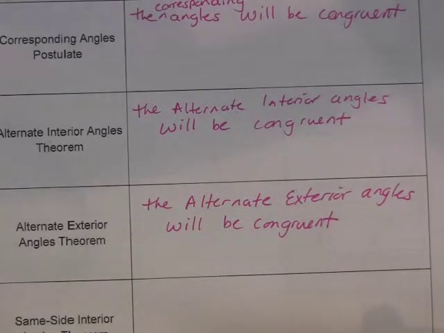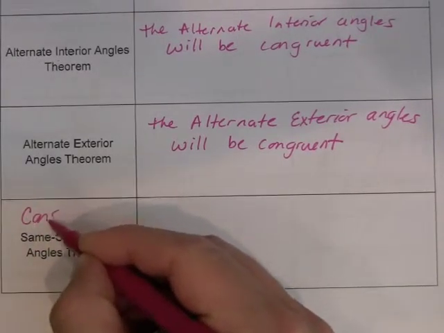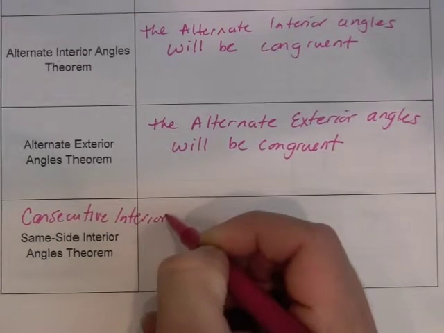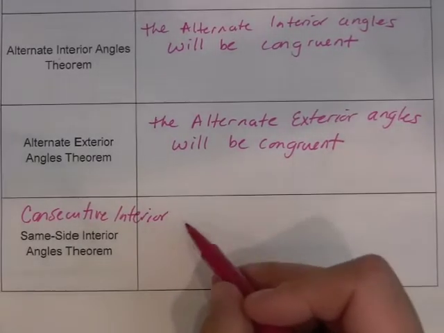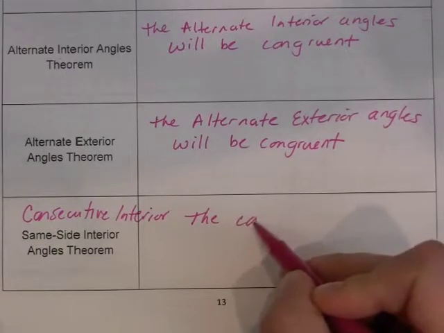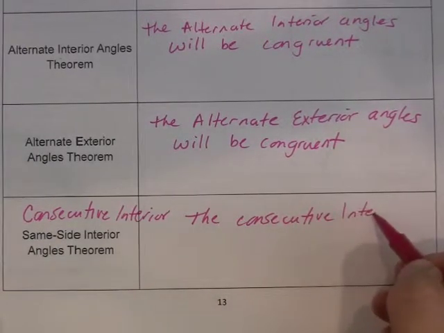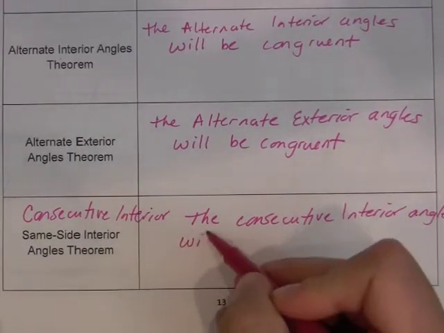However, the last one, same side interior, and we can also name it the other way, which is called consecutive interior. You may see either way. These are not going to be congruent, but instead you should have learned that they are supplementary.